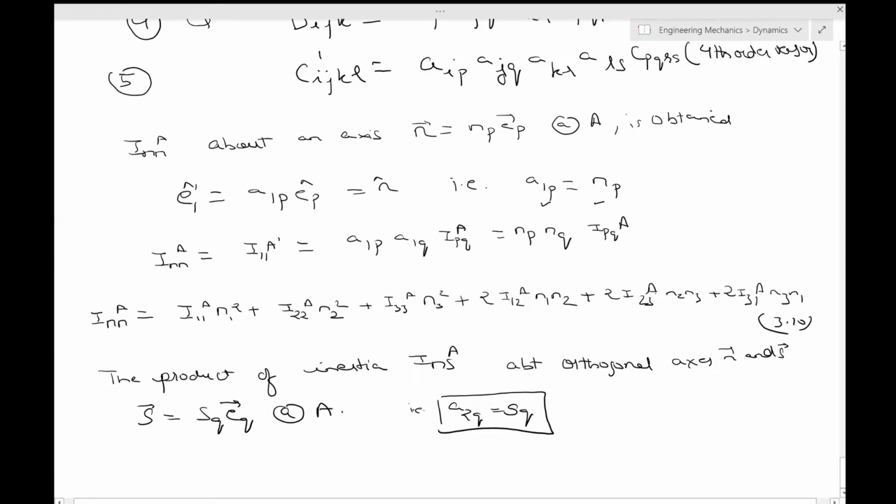So you have to refer to the figure which we have just drawn. Now after this, if e2 dash is equal to s, okay, then this can be written as a2q e_q, that is a2q is equal to s_q.